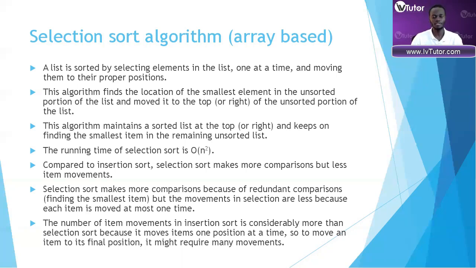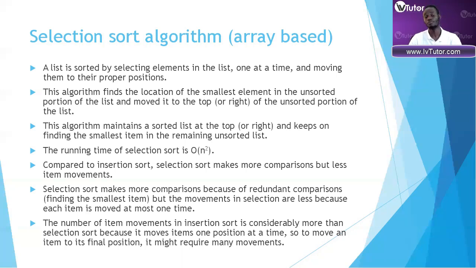So, the running time for selection sort is n squared, which means it's not very efficient. And because you always have to find the smallest item in each sublist as you keep sorting, the number of comparisons that selection sort does is really a lot if you compare it with insertion sort. So I would also recommend you to look at the insertion sort video, because when you're trying to find the smallest item, there are going to be a lot of comparisons that happen in order to find the smallest item.